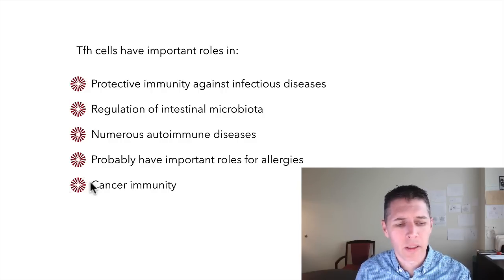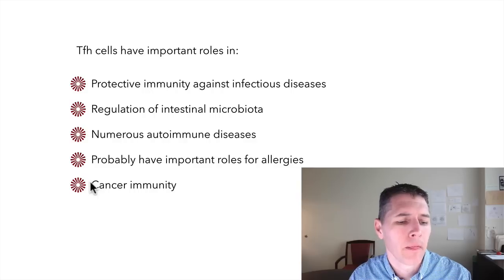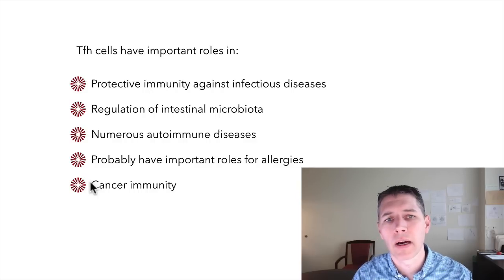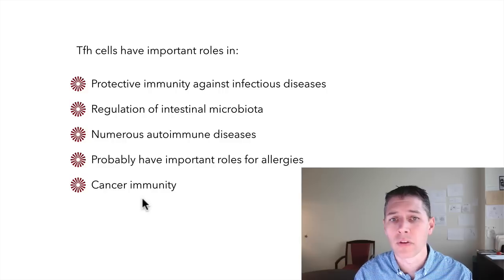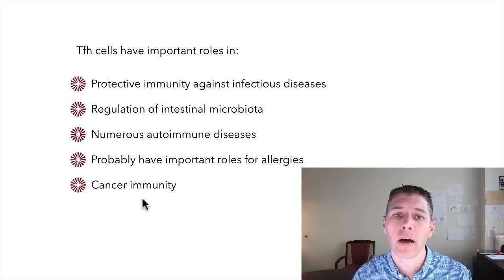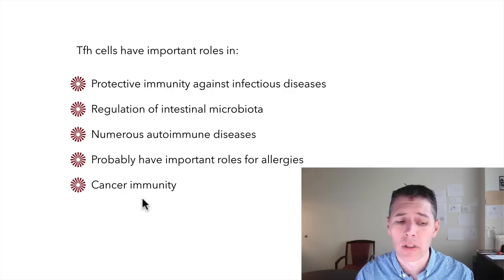And most surprisingly, there were 2 studies published last year that found in humans, in 2 different types of human cancer, a strong correlation, as strong as any other biomarker, between the abundance of TFH cells at the tumor site and the long-term survival of cancer patients.